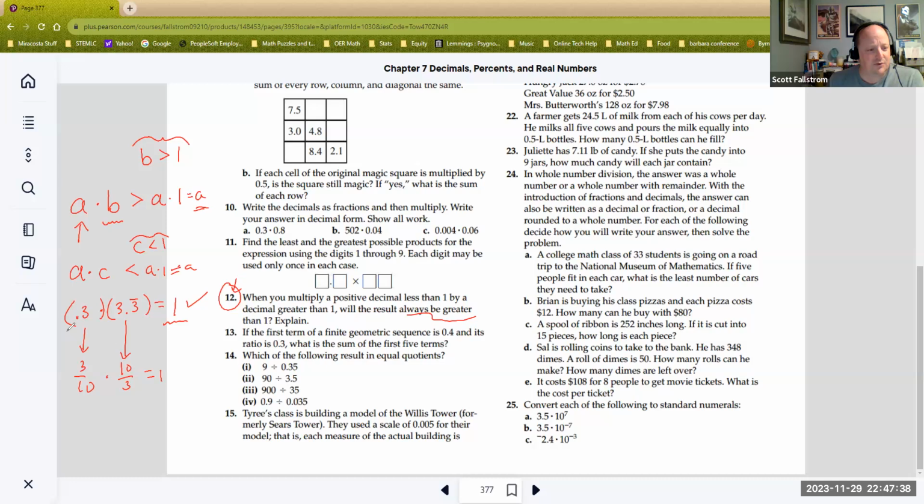So if you started with 0.3, just think, could you choose a decimal number where you'd multiply these together and you'd get something less than 1? And I hope you can figure out, hey, yeah, we can do that. And likewise, could you choose maybe a different value here and get something greater than 1? And the answer is, yeah, probably so.